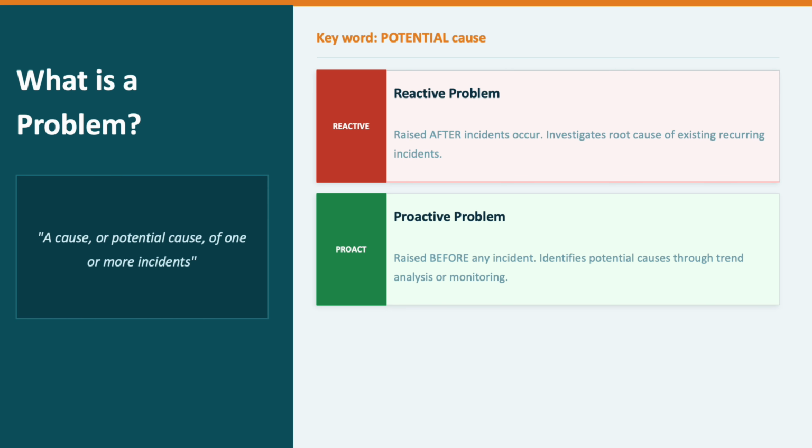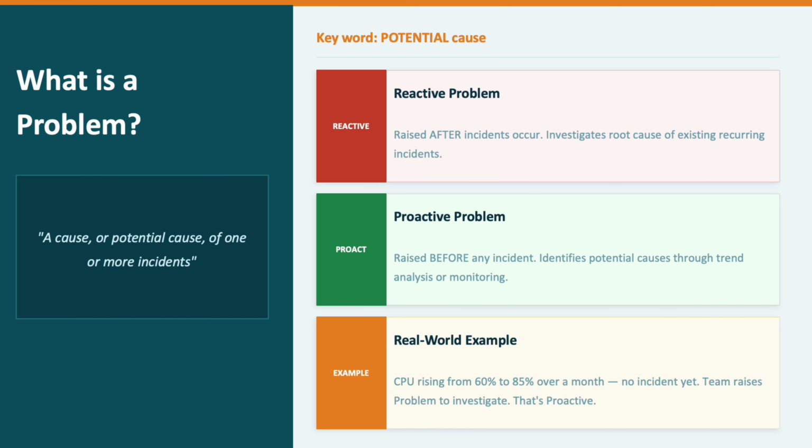Then comes a real world example. A real world example is a problem which is happening regularly. For some reason you are not able to resolve it, but you need to work on it. It can be a reactive problem or a proactive problem.